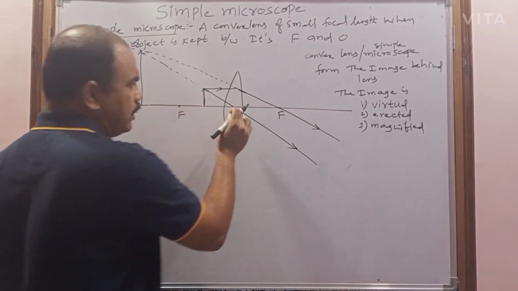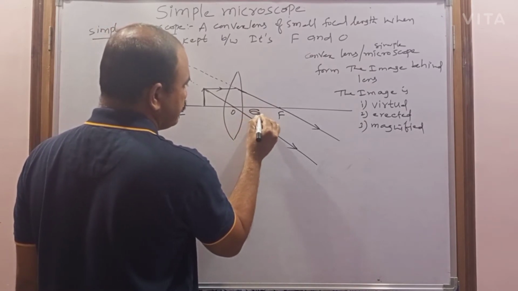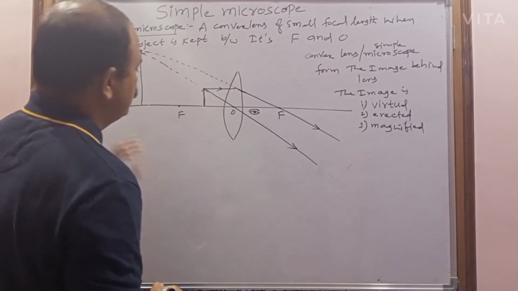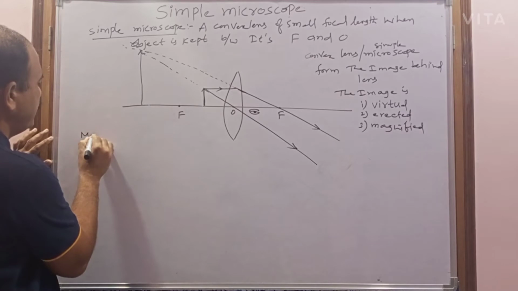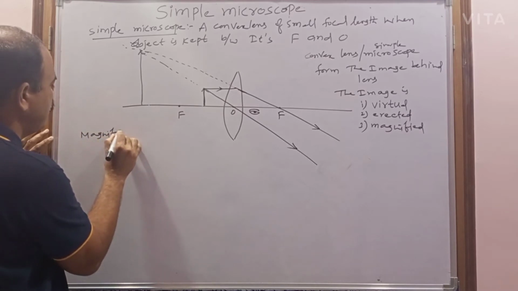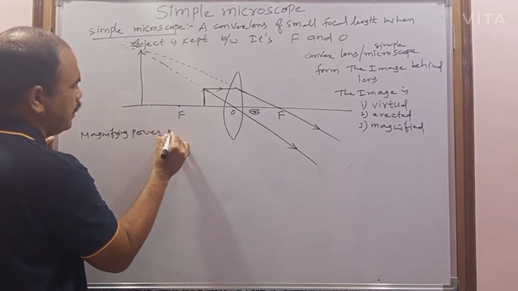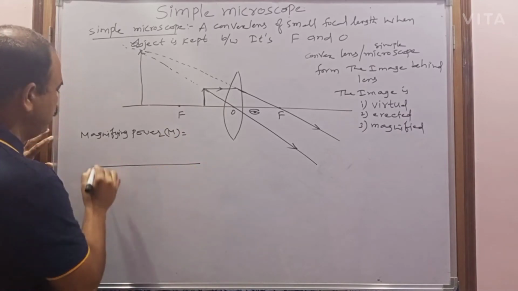Now consider that at this optic center the human eye will be there. So what is the magnifying power formula? The magnifying power M can be defined as a ratio of the visual angle.